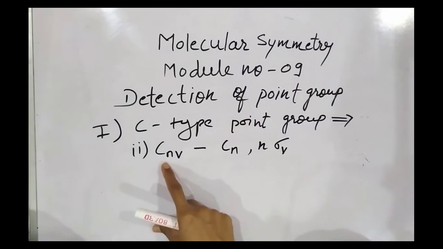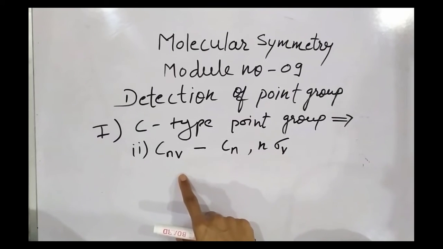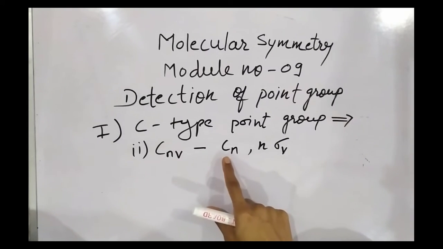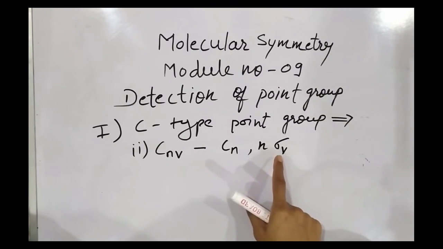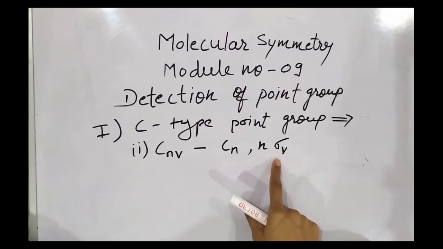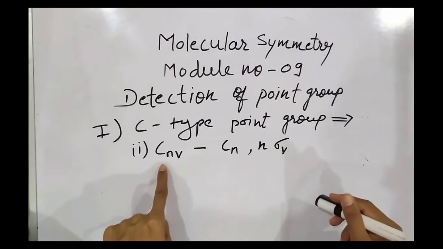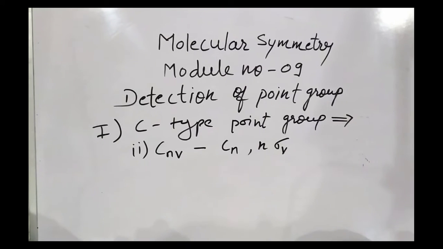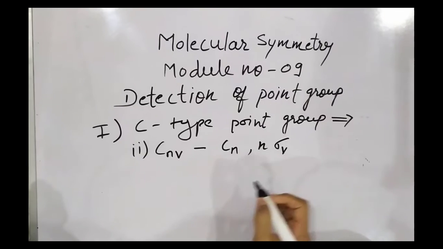The second point group is CNV. What is the definition of CNV? If a molecule possesses a CN symmetry element and n number of vertical planes, then that molecule is said to belong to the CNV point group. Now what is the meaning of CN and n sigma V's?